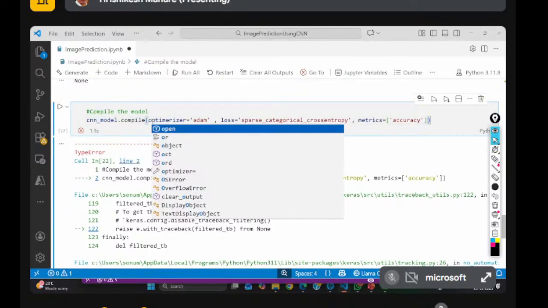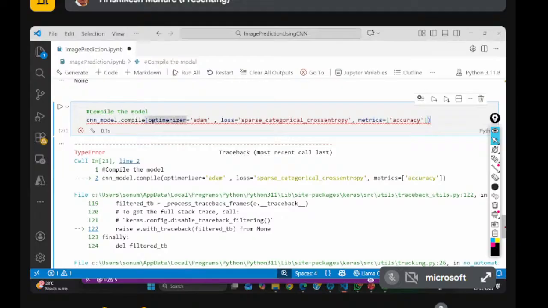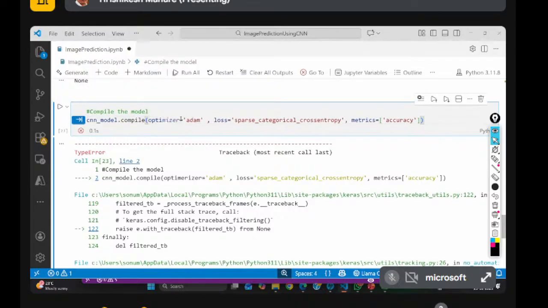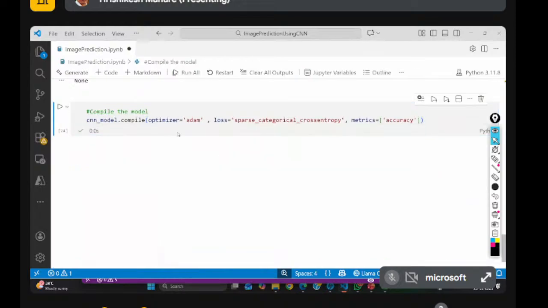Always the method is available in small letters. Sorry. Spelling of optimizer: opti, mizer. The spelling of optimizer is wrong. Write down the proper spelling. Optimizer. Optimizer. Done?